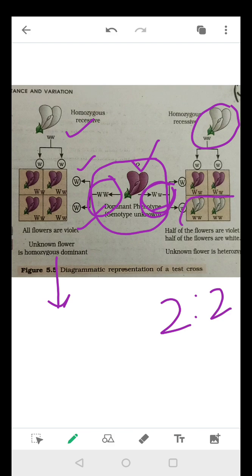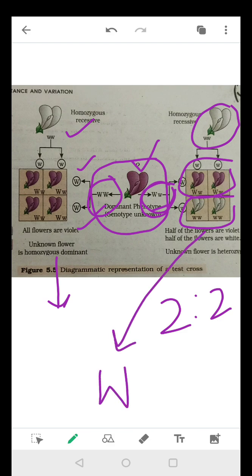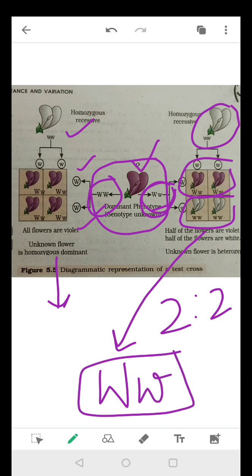So 2 white flowers, 2 purple flowers. So 50% of the flowers are white, 50% are purple. So this ratio you will get when this F2 plant is in heterozygous condition. Okay.